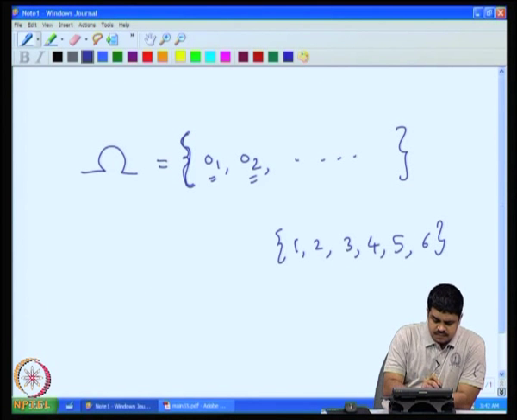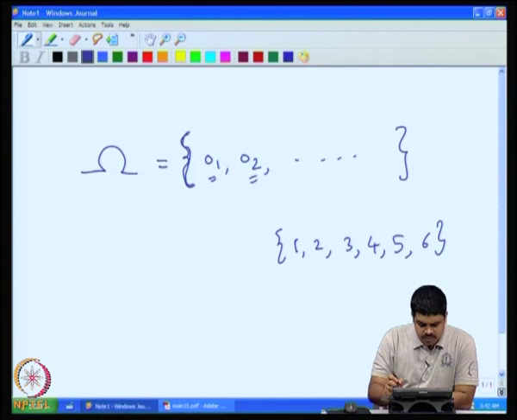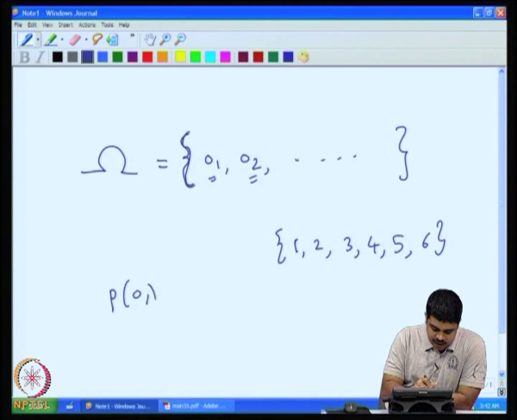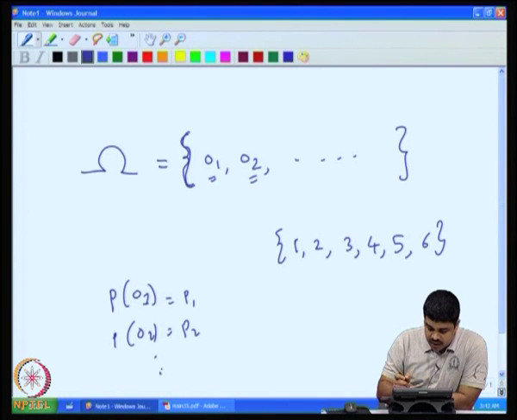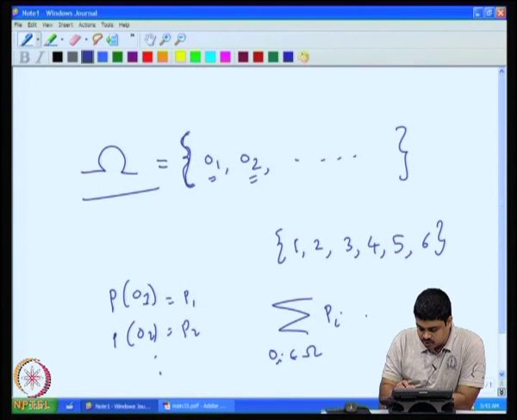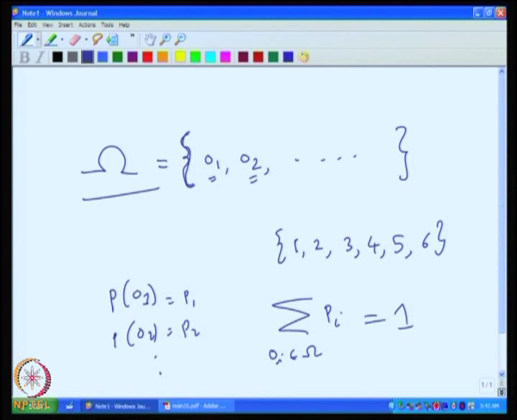Now, in a probability space, each outcome is associated with a probability value. Say P of O1 is P1, P of O2 is P2, and so on. When you sum up these probability values over all the possible outcomes in this sample space, it will turn out to be 1, and the probability values themselves are always between 0 and 1.